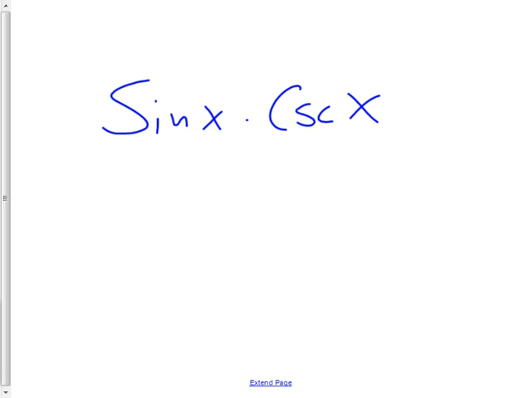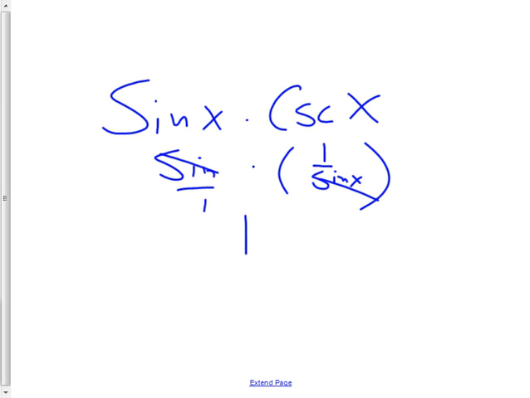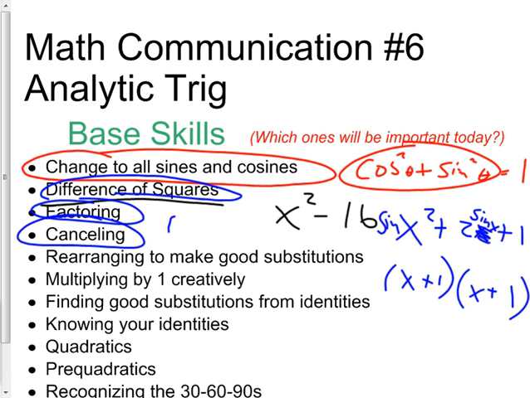This equals 1. And when I change it to that, it becomes more obvious that these are canceled. And that equals 1 over 1, which is 1. All right, so canceling is kind of important.